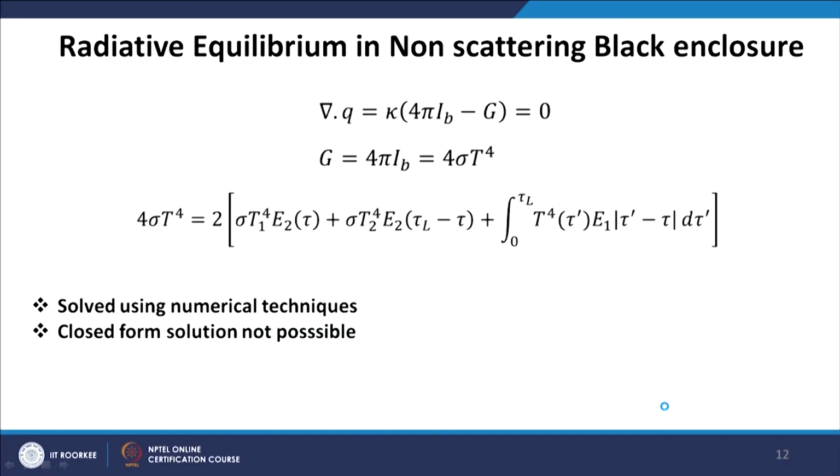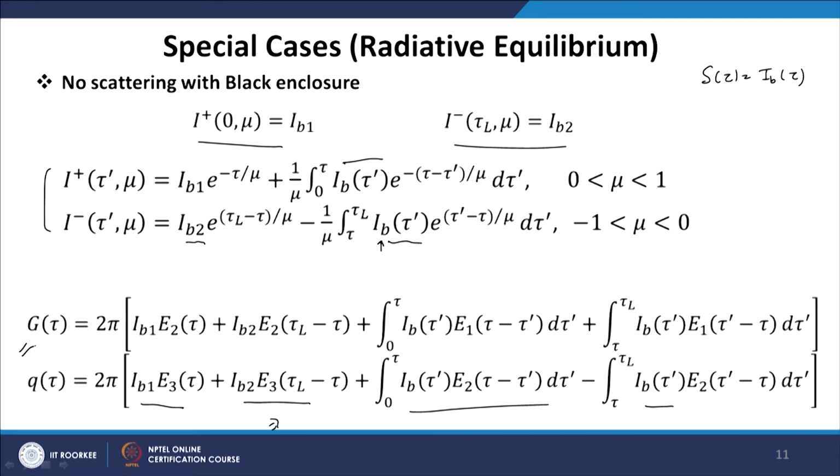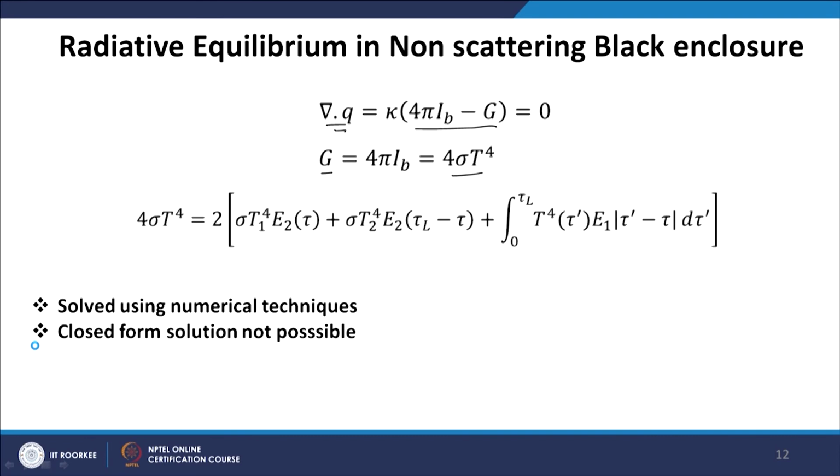Now, radiative equilibrium means del dot q is equal to 0, or kappa times (4 pi IB minus G) is 0, and this gives you G is equal to 4 sigma T to the power 4. So, if you have solved for G using this expression, then you can calculate the unknown temperature T. So, we substitute G is equal to 4 sigma T to the power 4, and then IB1 is sigma T1 to the power 4, IB2 is sigma T2 to the power 4, and then this is the source term.